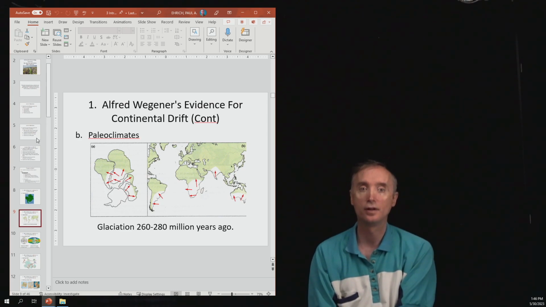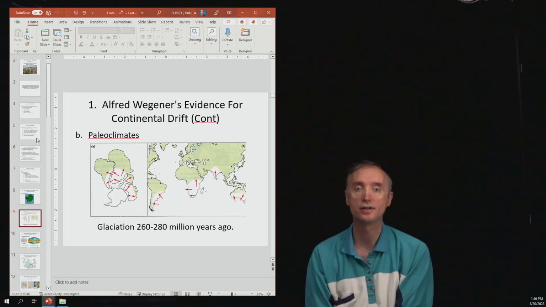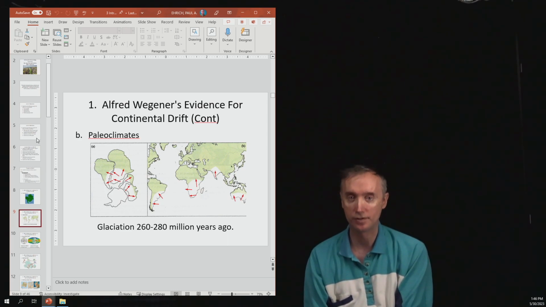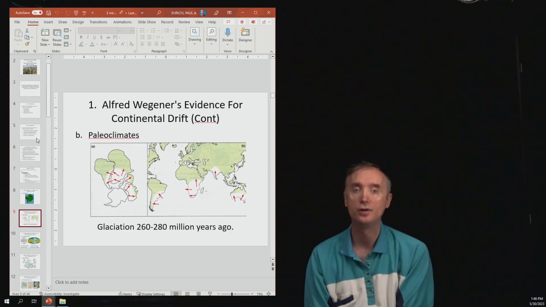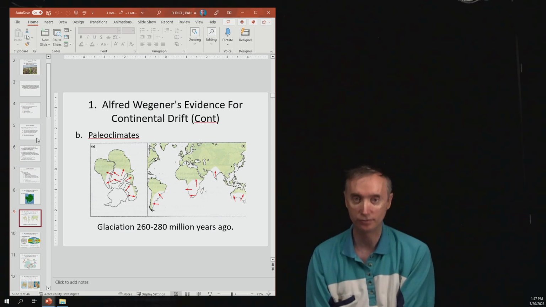Okay, another line of evidence is going to be paleoclimates. And so there are certain continents that show evidence for glaciation. Places like, as you can see, in Africa and in Australia, which today are very arid. How could they possibly have been covered in ice?